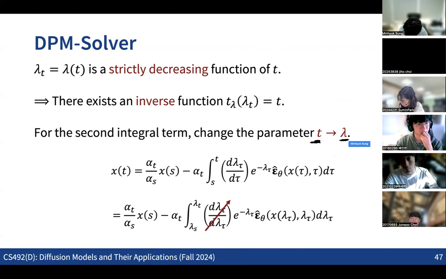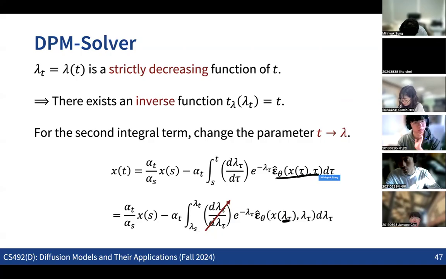Especially for the second term in the integral, we are replacing all the parameters in the time domain t with the corresponding lambda. So we replace the t here with lambda t, the s here with lambda s, and the tau here becomes lambda tau.